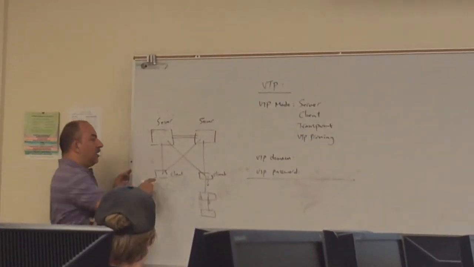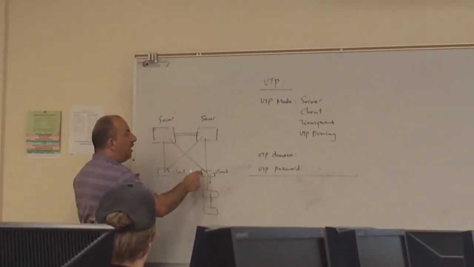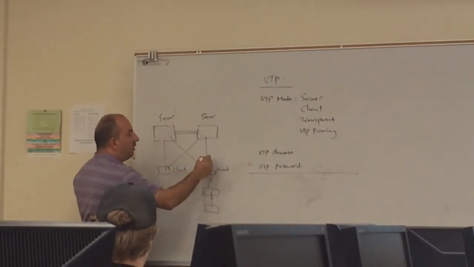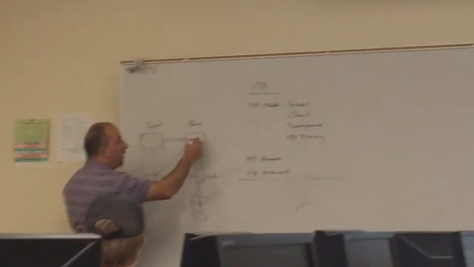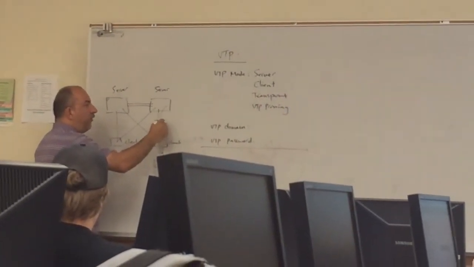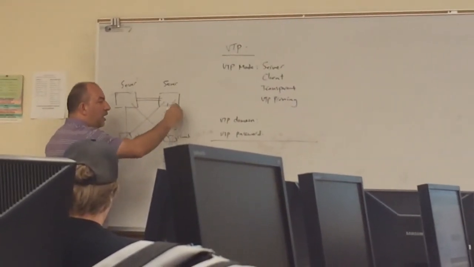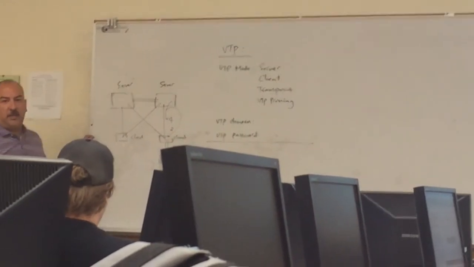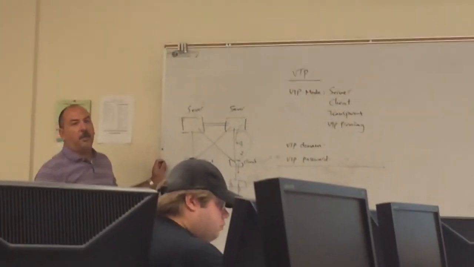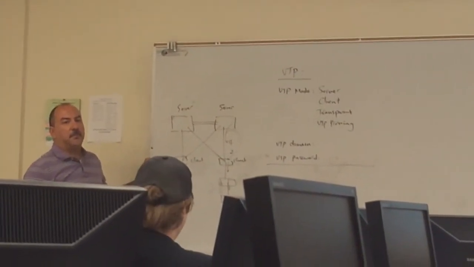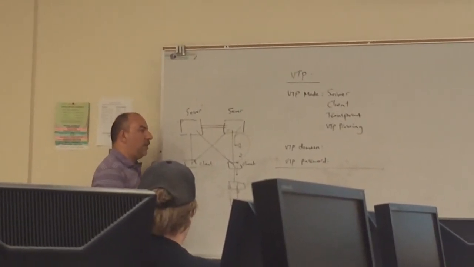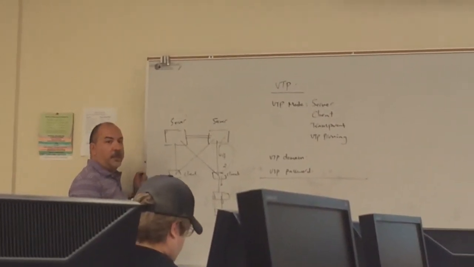Okay? And the way that they compare each other, they look at the counter. Let's say this counter is 2, and an update comes from here with a revision of 4, which is higher than 2, then it's going to be replaced. So the way that they configure themselves is by checking the revision number.